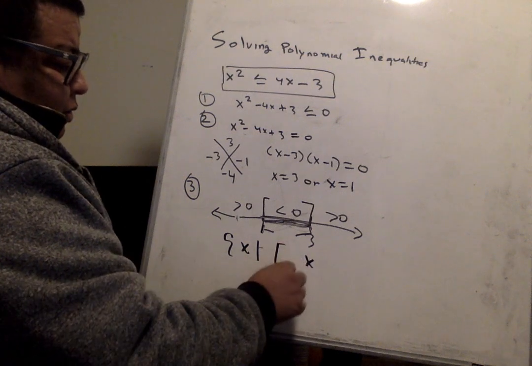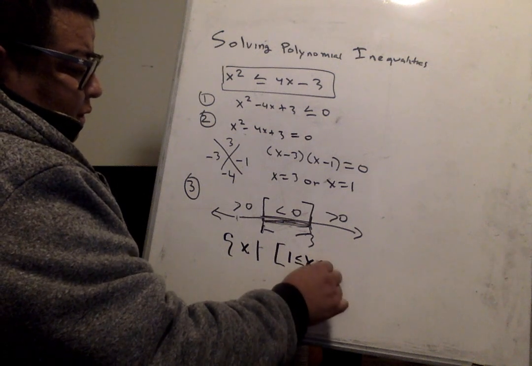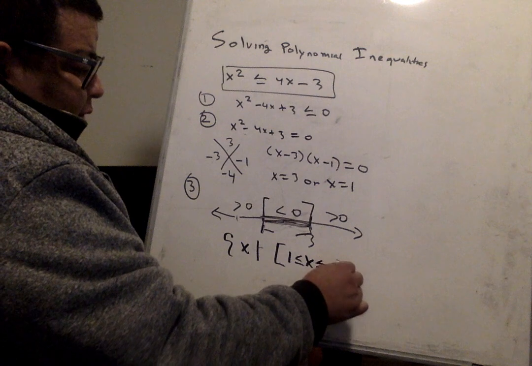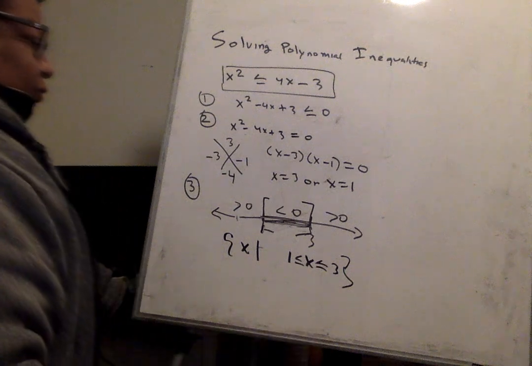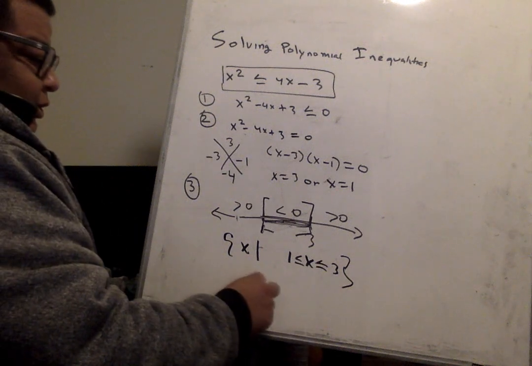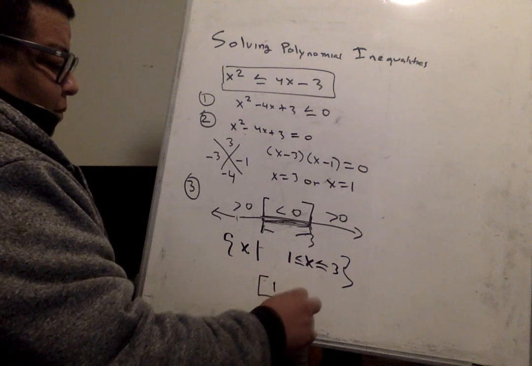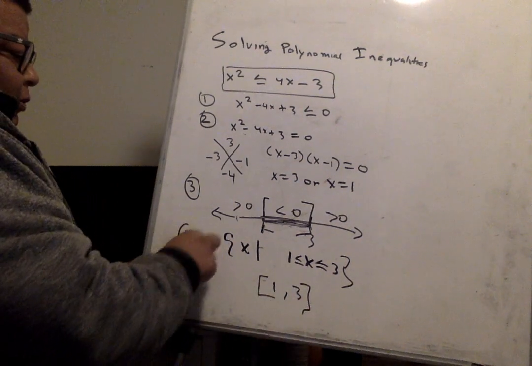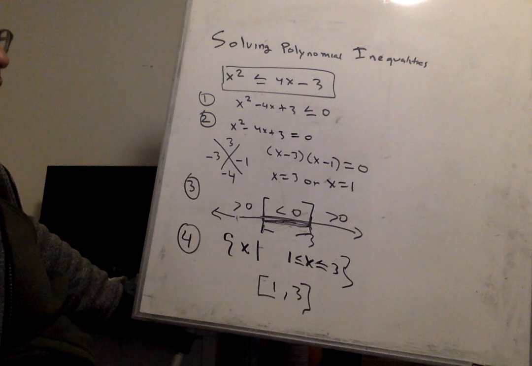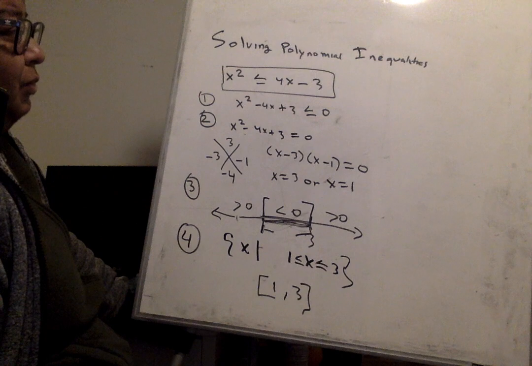So x has to be greater than or equal to 1 and less than or equal to 3. Or you can say the solution in interval notation would be [1, 3]. So this is step number 4. That's how you solve polynomial inequalities.